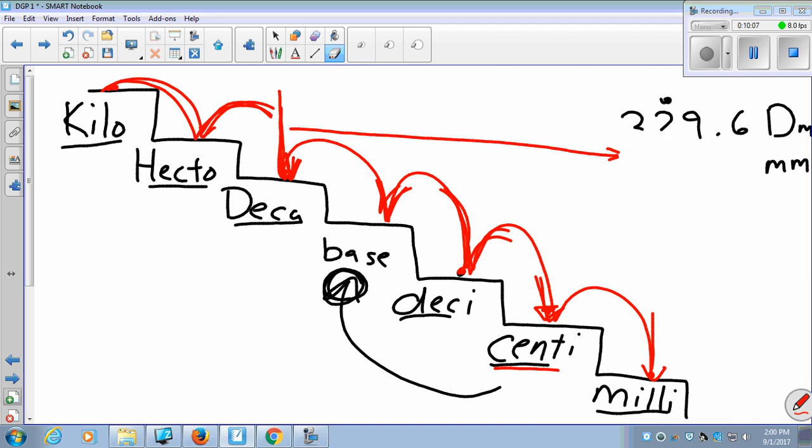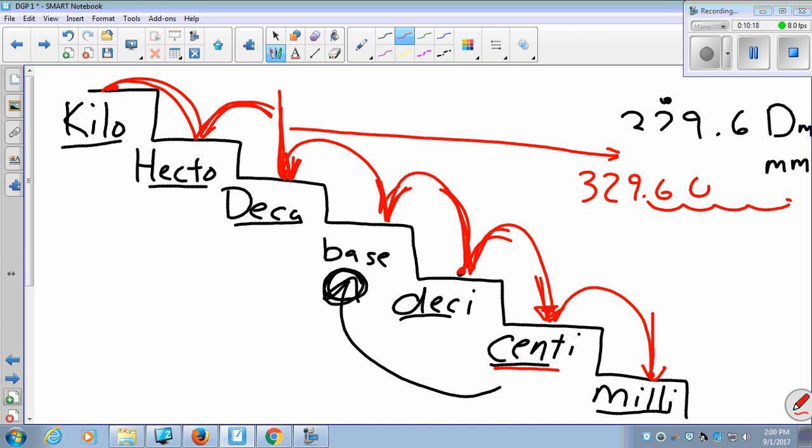At this point, I take 329.6, 1, 2, 3, 4 to the right. 0, 0, 0. And I get 3,296,000 millimeters. Adding in your units is very important whenever we are doing these.